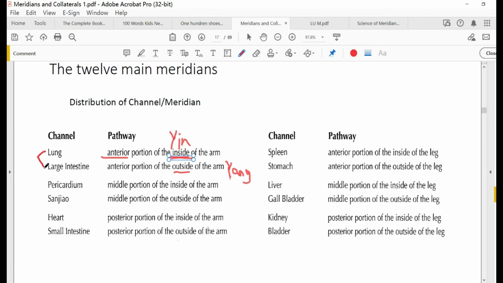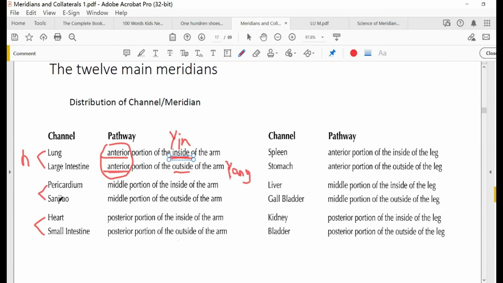And these two are all anterior. That's the hand. Okay, that's the hand. This one, hand too. This one, that's the hand too. Okay, this one is the first circuit. How about this one?